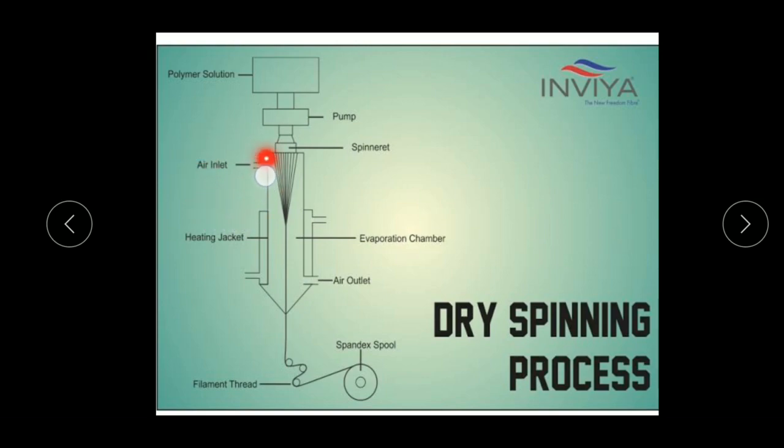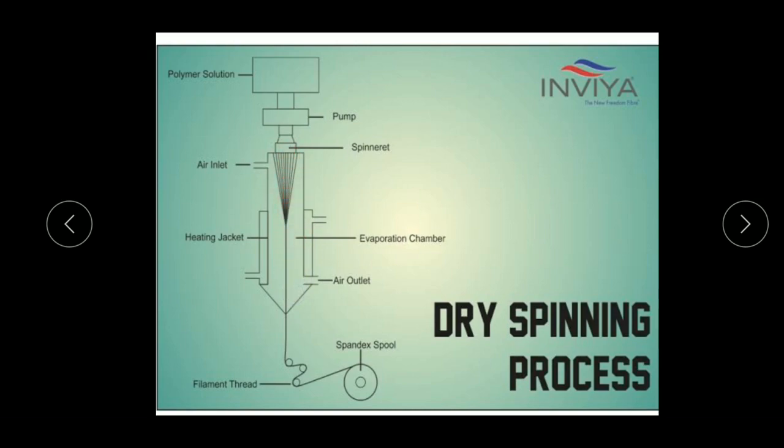Simultaneously, at the top we provide an inlet, that is an air inlet. Through this inlet, hot air enters the evaporation chamber to maintain the temperature of the polymer materials, which removes the moisture contamination present in the polymers. They are dried out and the polymers become dry.